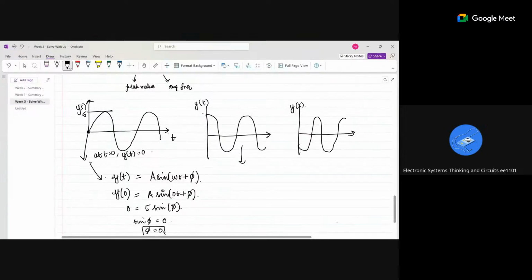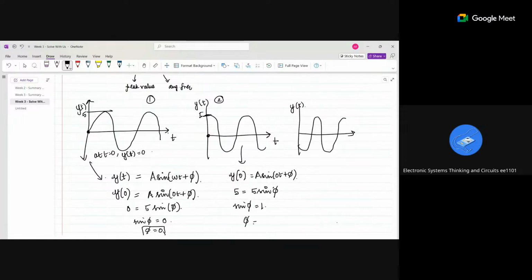If I take it for here, y of 0 is equal to A sine of omega t plus phi. What is the value of y of t in the second graph at time t equal to 0? It's A, so A sine phi is equal to A, so sine phi is equal to 1.